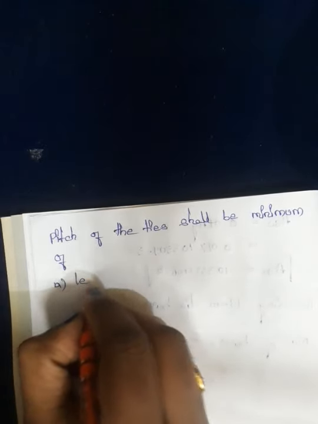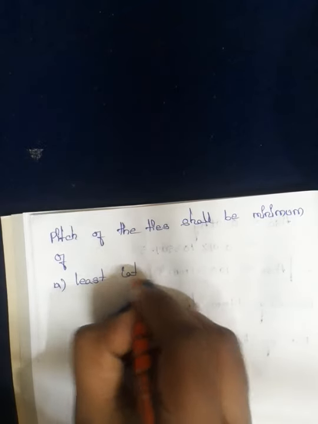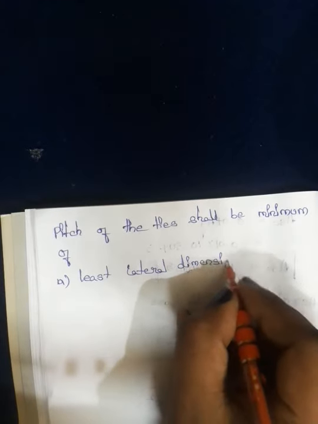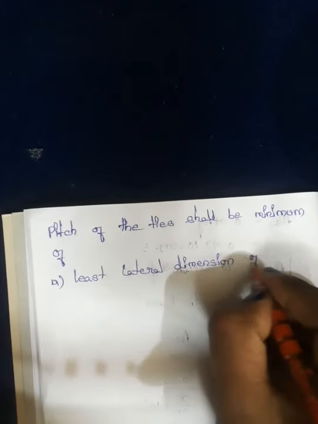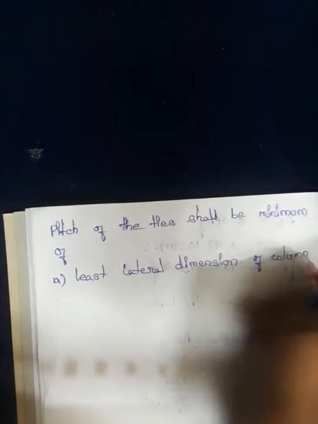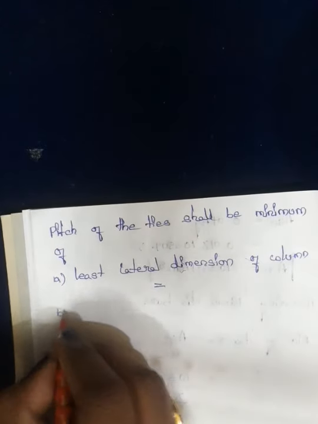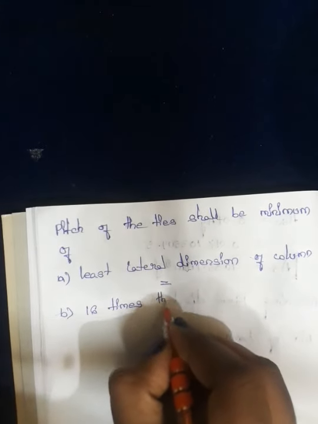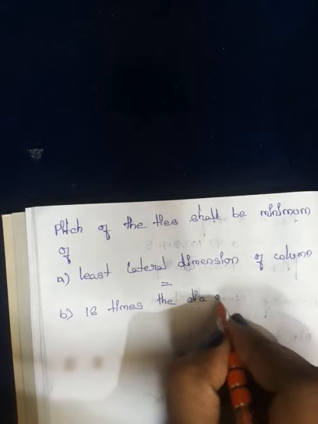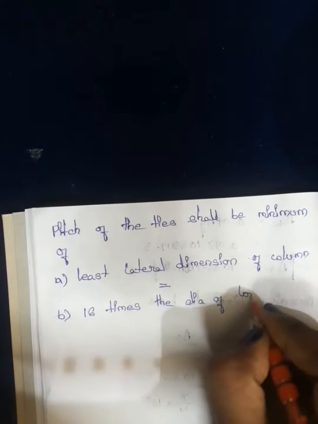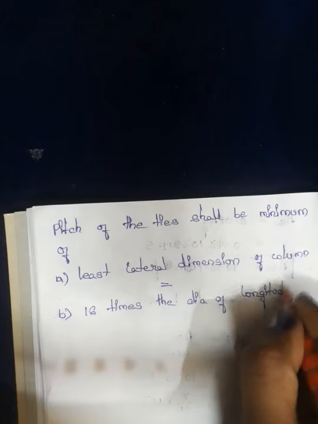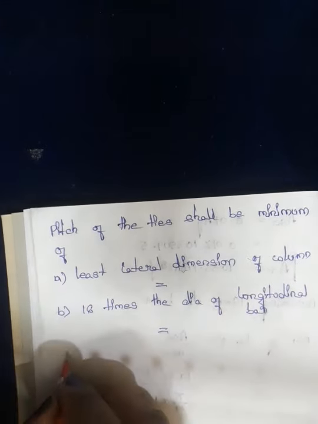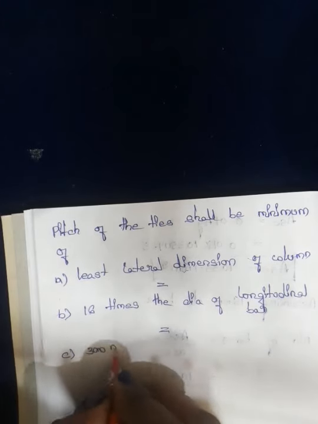That is the least lateral dimension of column. Next condition is 16 times the dia of longitudinal bar. The third condition is 300 mm.